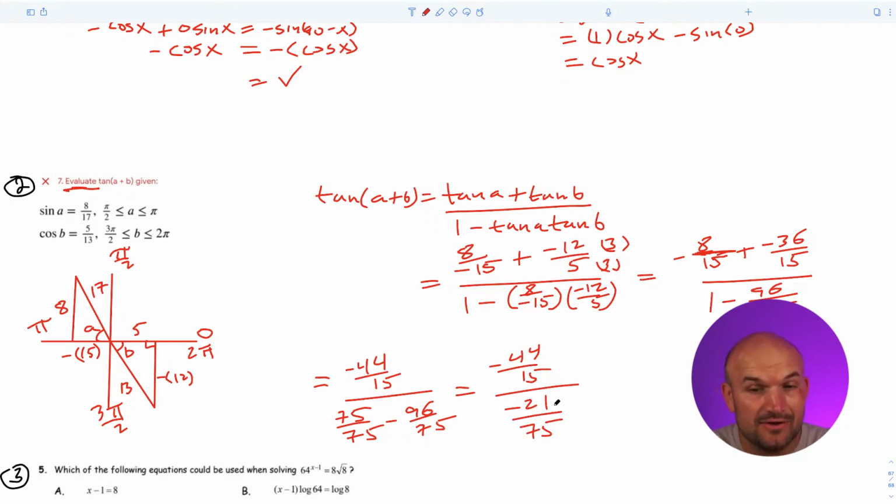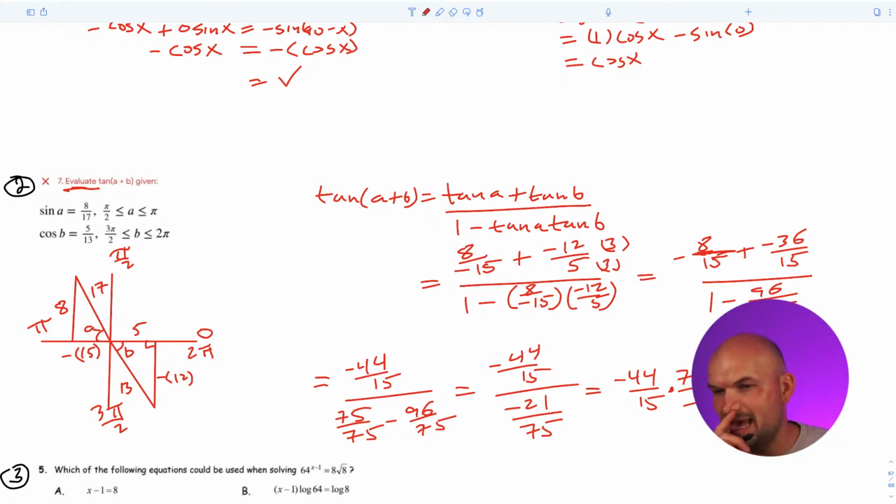Now you can see that what I have is a fraction divided by another fraction. When you have that, you can just multiply by the reciprocal. So that's the same thing as negative 44 over 15 times 75 over negative 21.